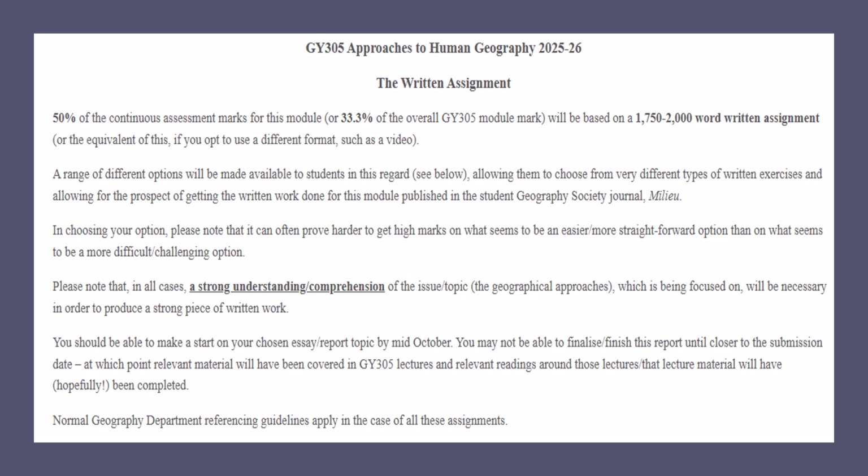So you can do a one-act play if you want. Sometimes the one-act plays can work quite well. You can do a newspaper report.